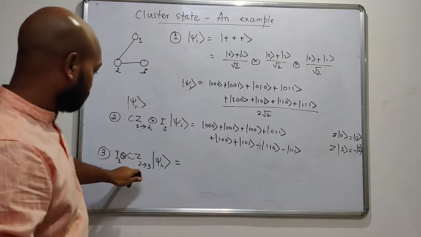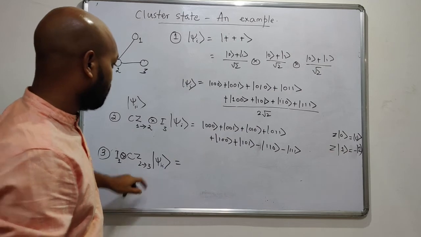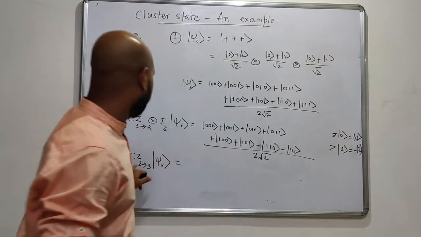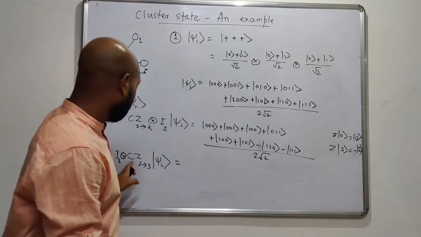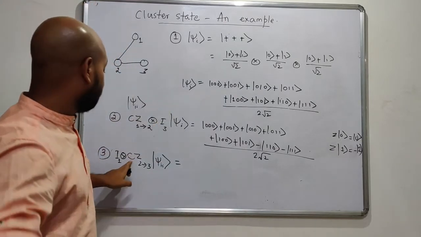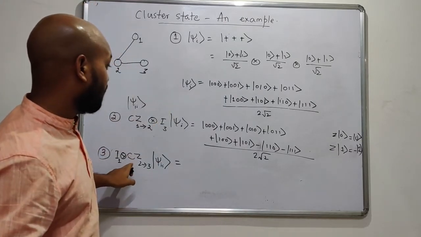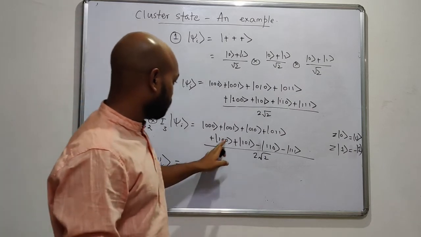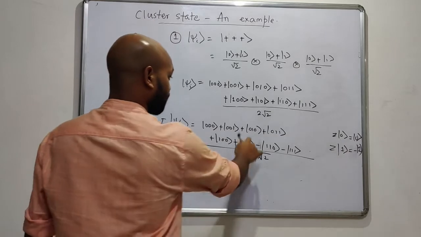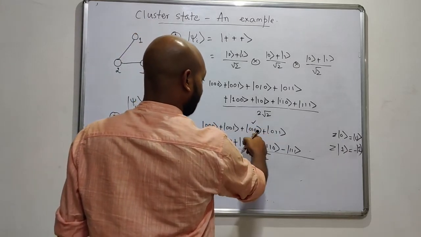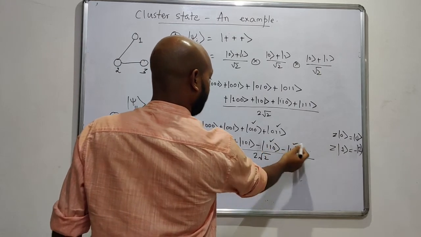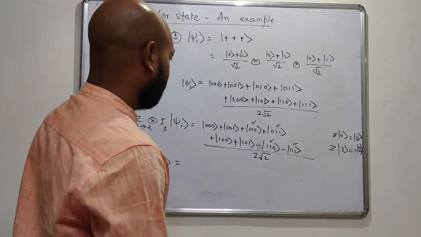Let's see where the Z operator is going to act. Where the second qubit is in state 1, only there would the Z gate operate on the third qubit. The second qubit is 1 in this state, this state, this state and this state.